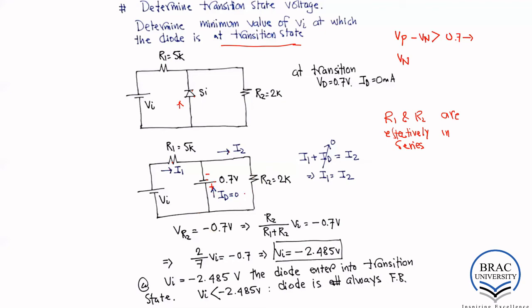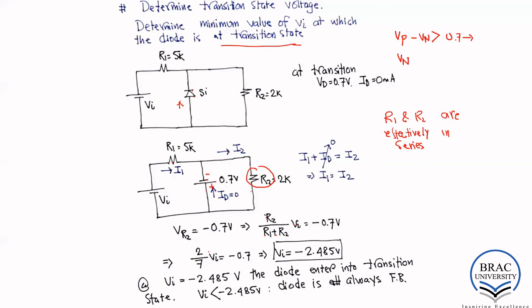All right. Now, since the resistors R1 and R2 are in series, we can apply the voltage divider rule to determine the voltage across resistor R2, which is R2 divided by R1 plus R2 times Vi, which equals 0.7 because they are connected parallel to the diode.